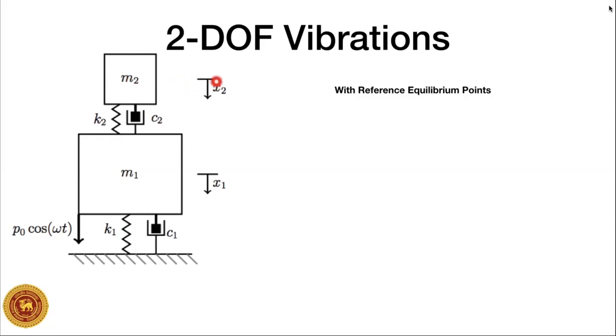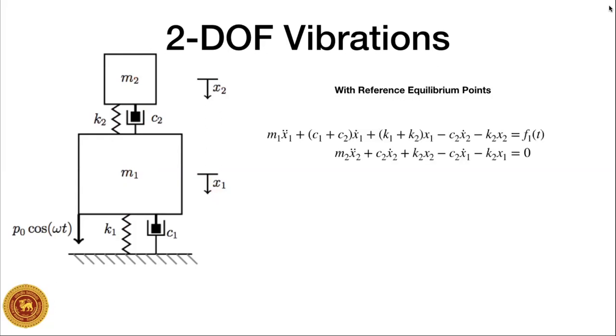And if you mark the equilibrium points of the two masses, the center of mass of the two masses, the location of that at the equilibrium point, and then when this moves about that equilibrium point, if you take those displacements as x1 for this mass and x2 for this mass, and write down Newton's equations, you get this set of coupled differential equations.